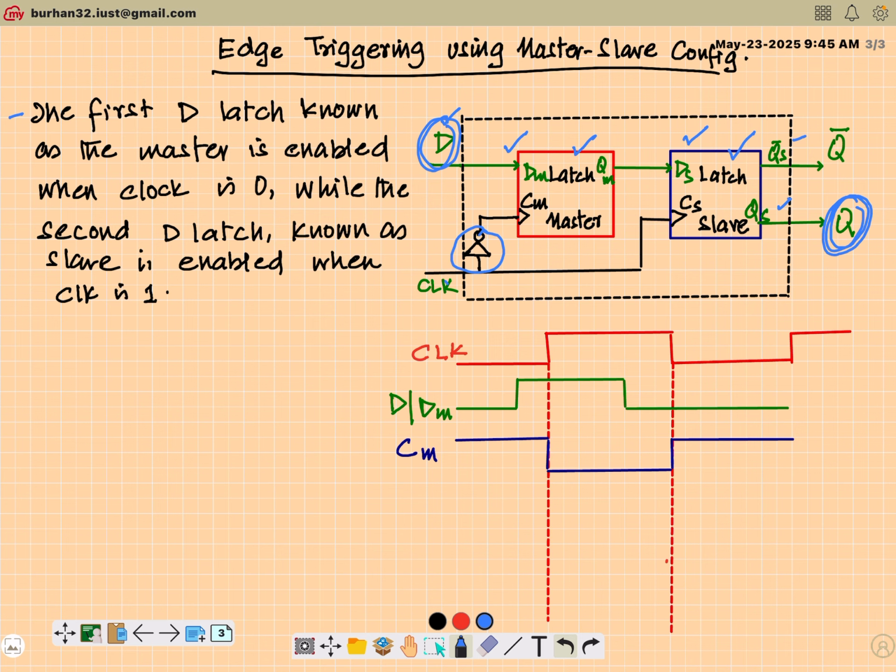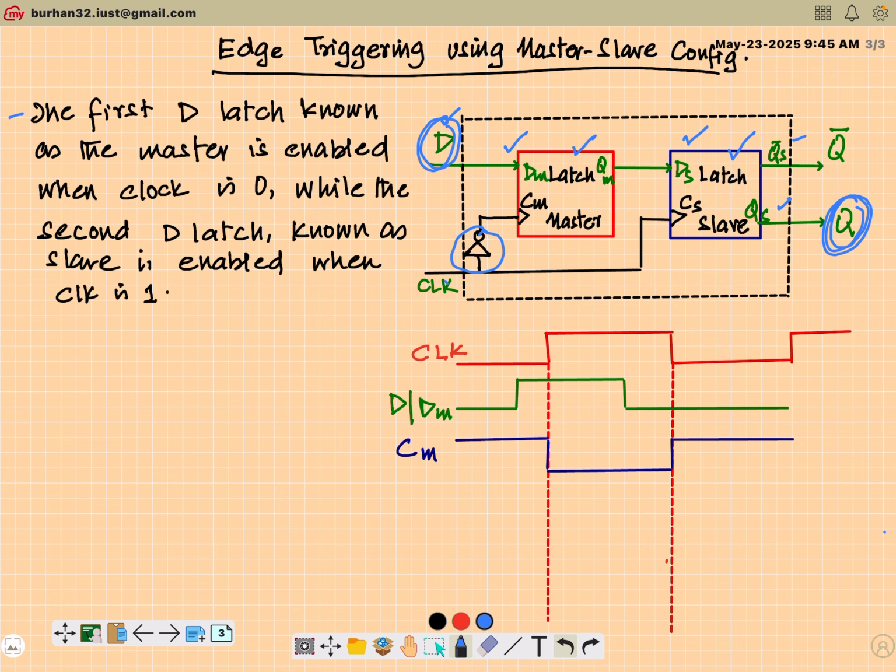Because when clock is 0, the NOT gate will make it 1, and for that period your master latch will behave, because latches respond to positive levels. Similarly, the second D latch is known as a slave latch, and it will be enabled when clock is 1.